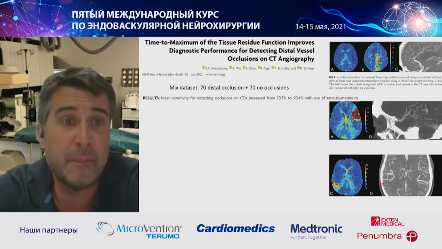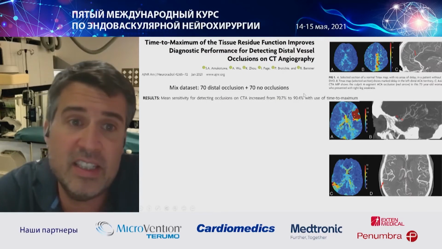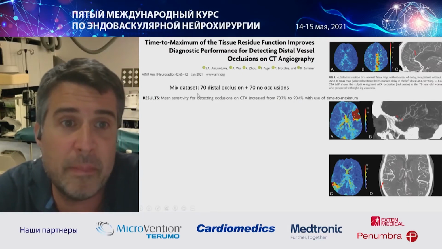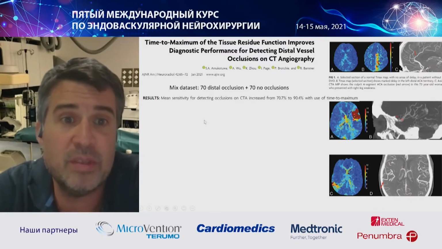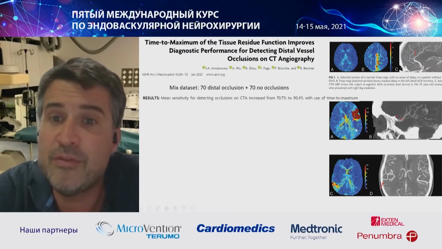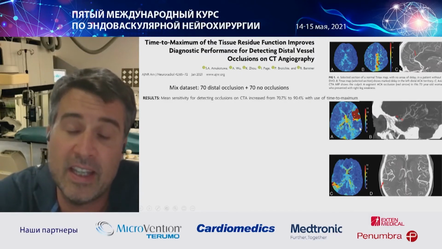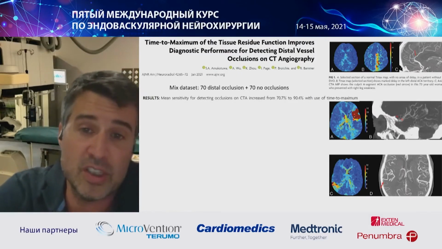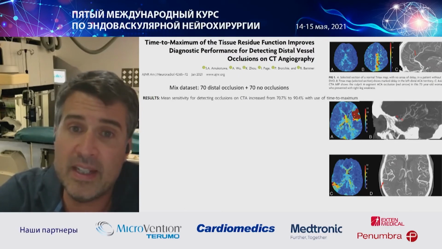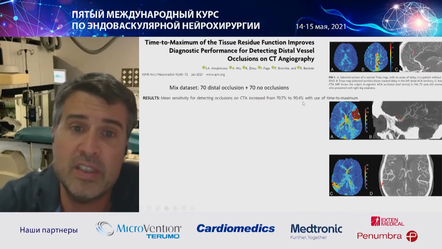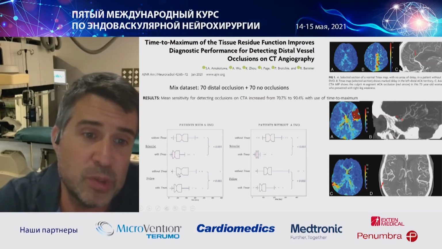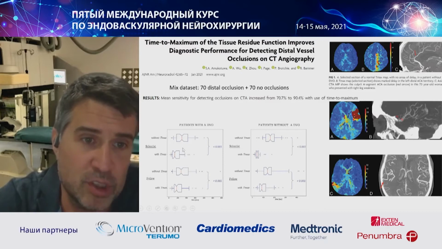So this study showed us, they took a mixed data set of 70 occlusions, distal and proximal, and you can see how if you give the radiologist a CTP at the same time, it increases the sensitivity by 20 points. And not only this, you also speed up the process of identification.